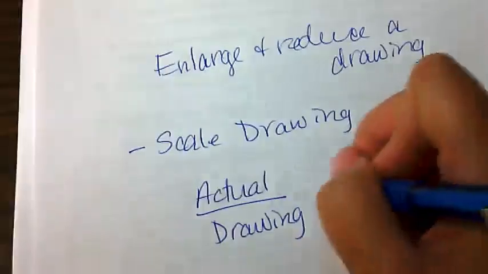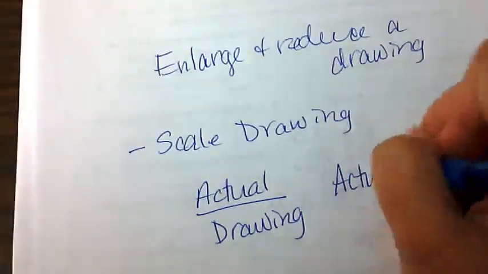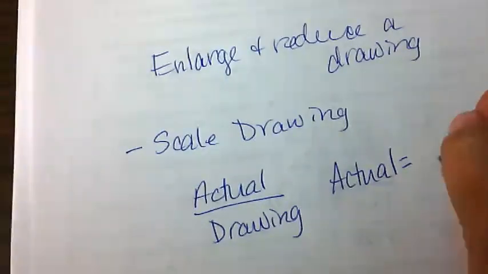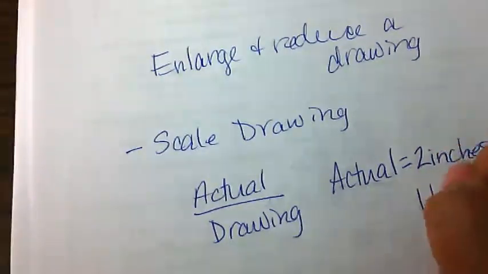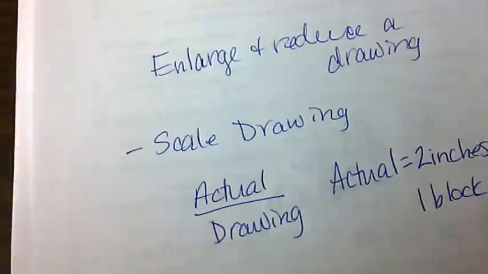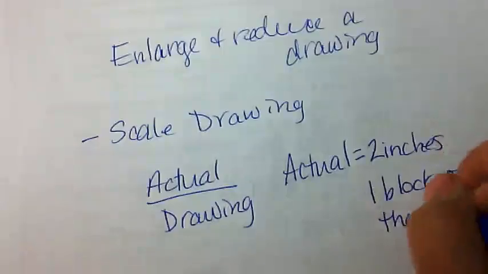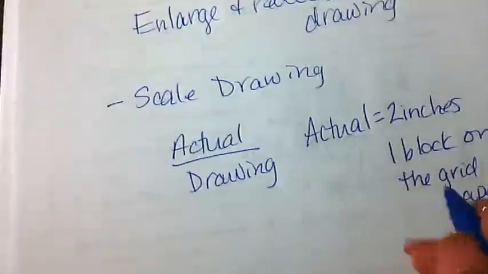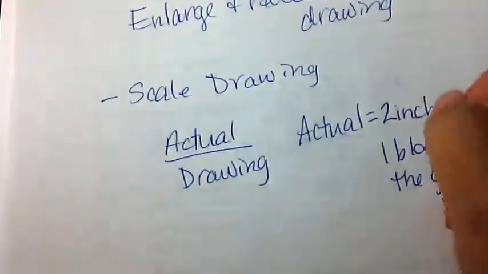Okay, so our actual for our water tower will be, I believe it's 2 inches for every 1 block on the grid paper. So 2 inches, and that's actually about 1 centimeter.